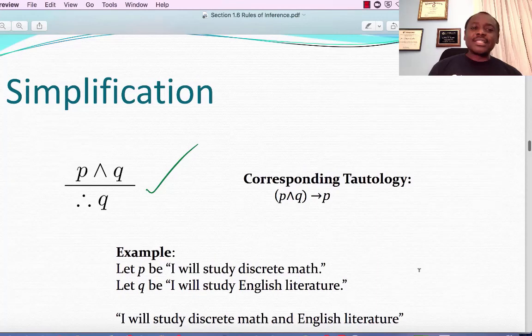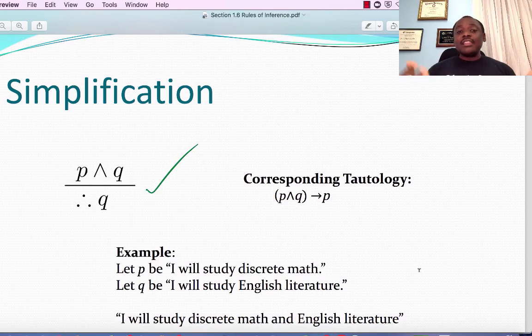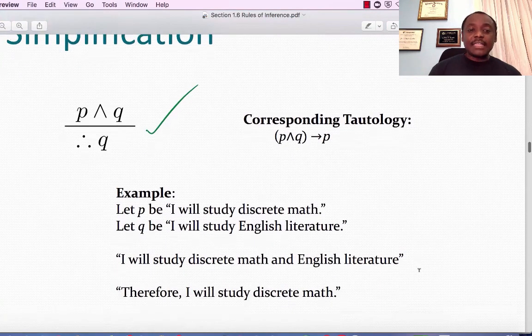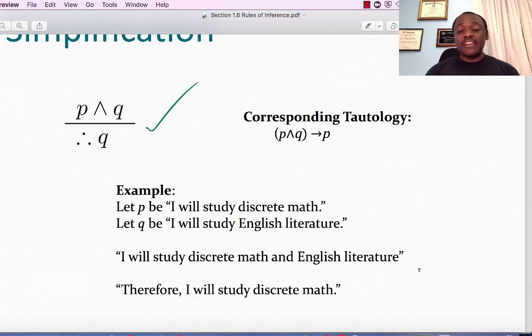Okay. What about simplification? That's what I just mentioned. If I know that P and Q is true, then I can conclude Q or I can conclude P. Either of those would work. If P is I will study discrete mathematics and Q is I will study English literature, and I tell you I will definitely study mathematics and I also will study English literature, and somebody comes by and says, hey, what's Dr. Eyabi going to study?